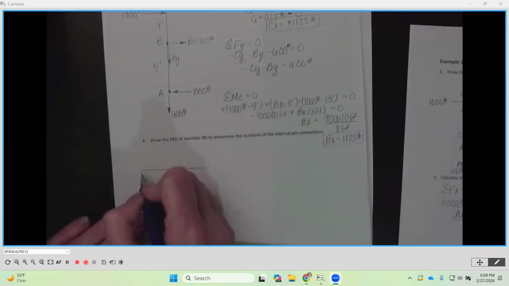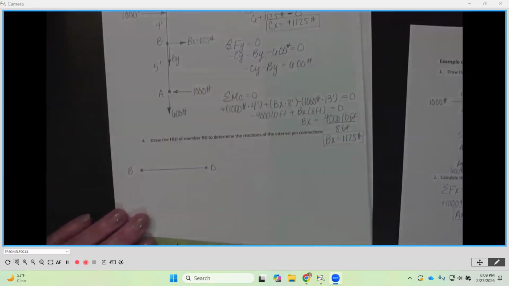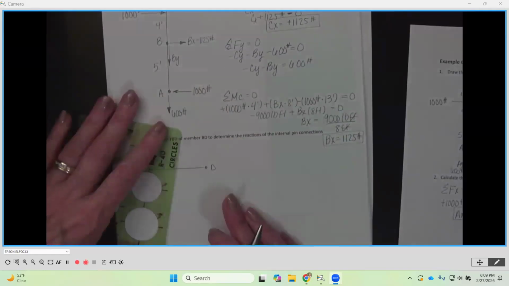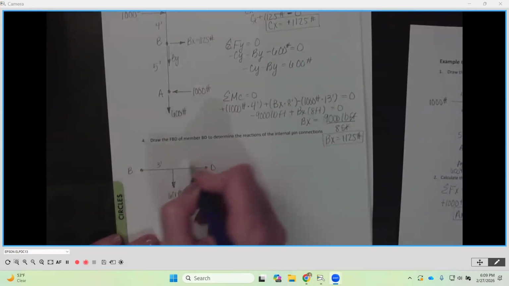Okay. And the left side is B and the right side is D. All right. Mid-span, we have a 600-pound force going down. And it's 3 feet and 3 feet on either side. So a total 6 feet long.